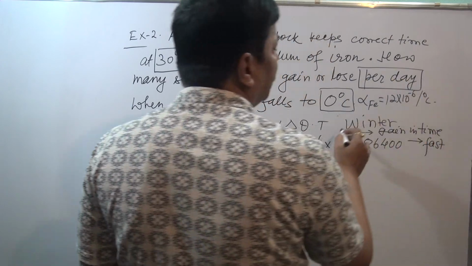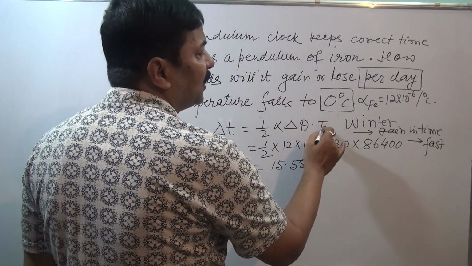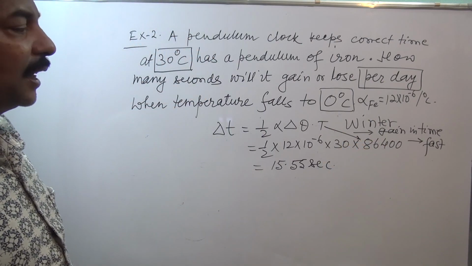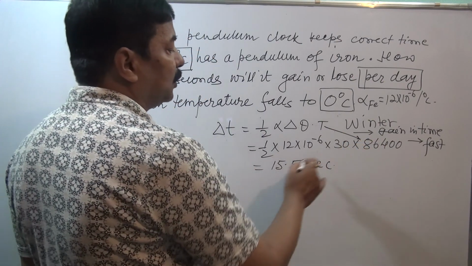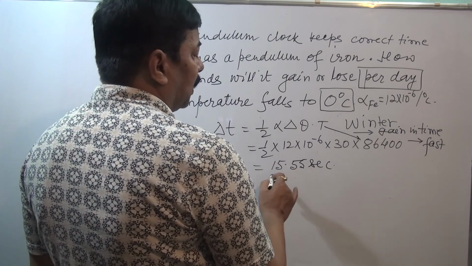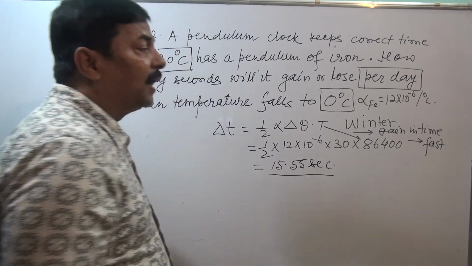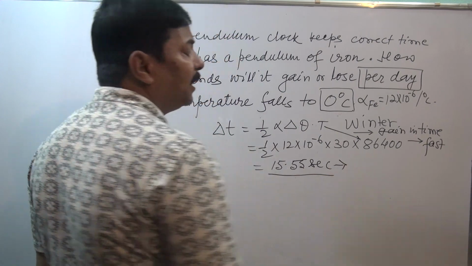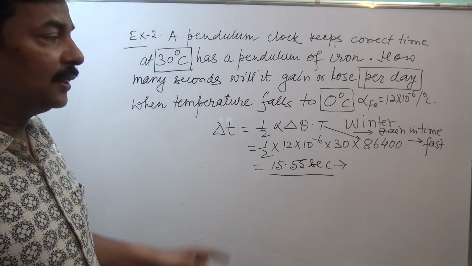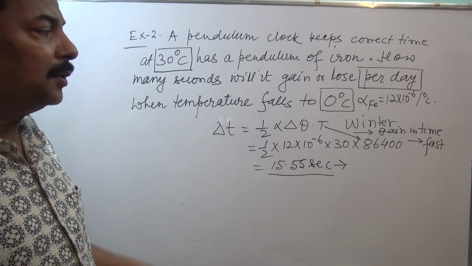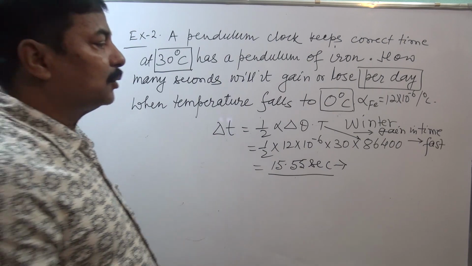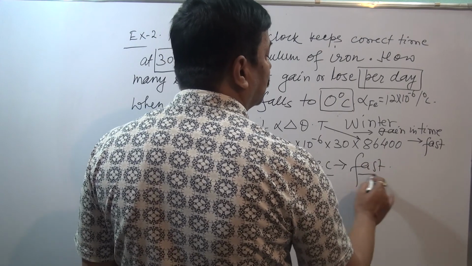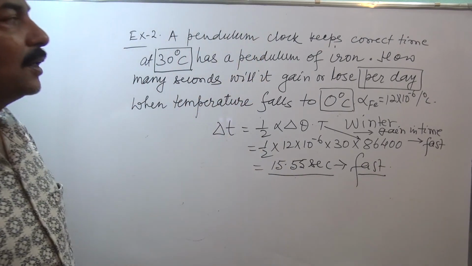Per day means 1 day, and this day is 86400 second, and ultimately by calculation you will get 15.55 second. And this much is gain in time or loss in time? It is gain in time. Why? Because it is the case of winter, so the clock will become fast by this amount.